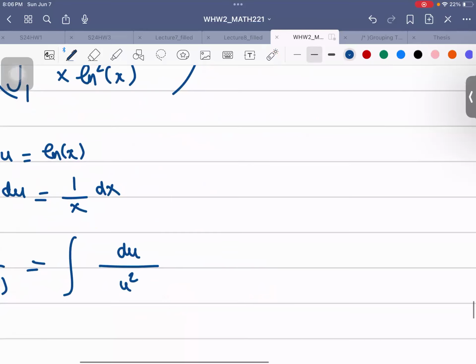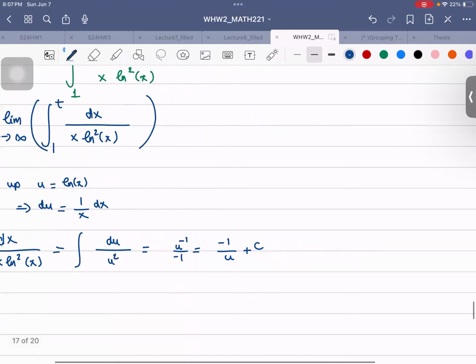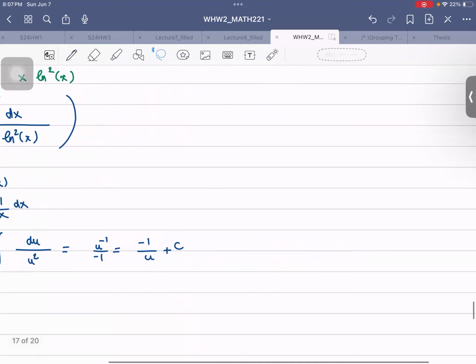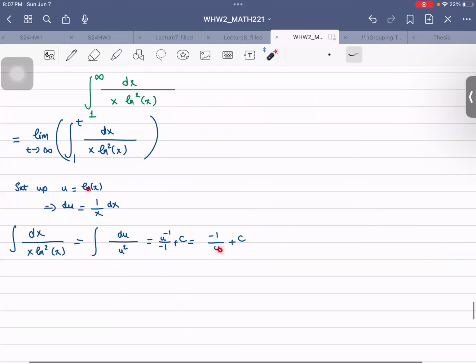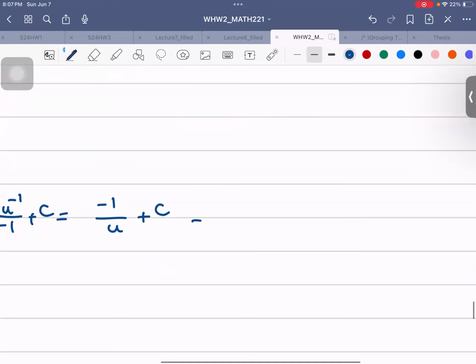You find the antiderivative: u to the power of negative 1 divided by negative 1, or negative 1 over u plus c. And u is ln of x, so I have negative 1 over ln of x plus c.